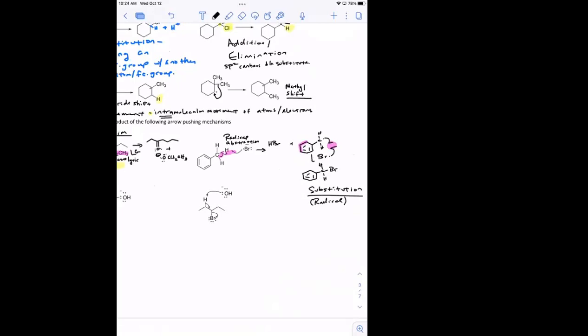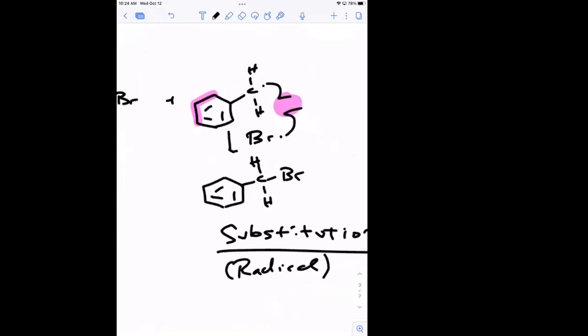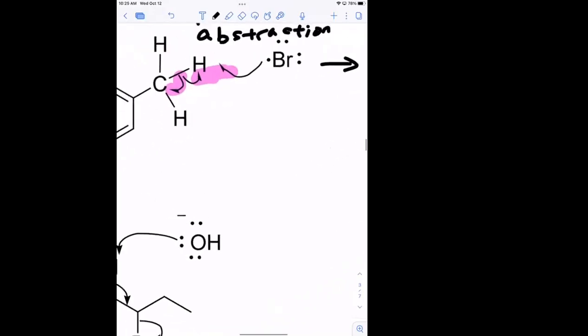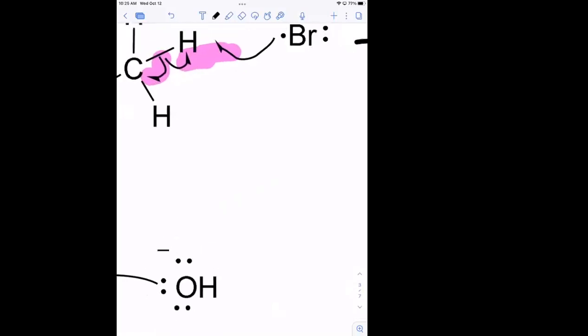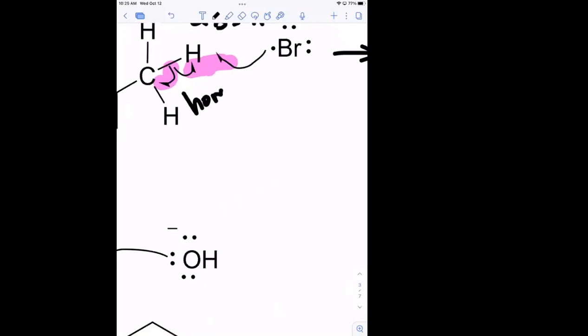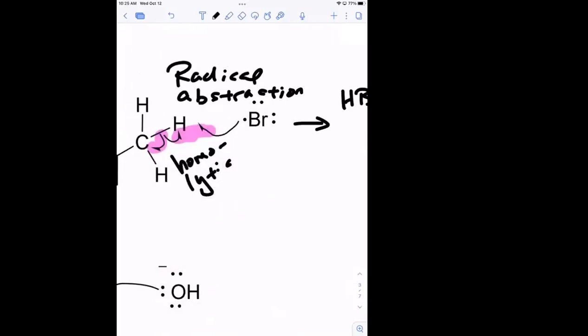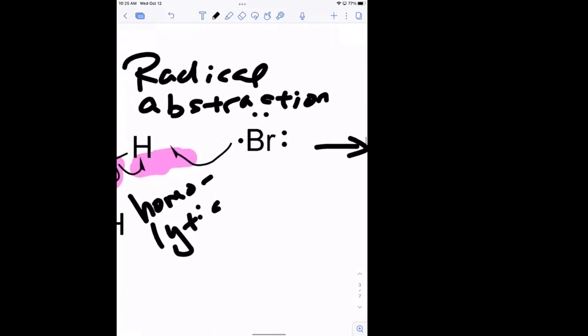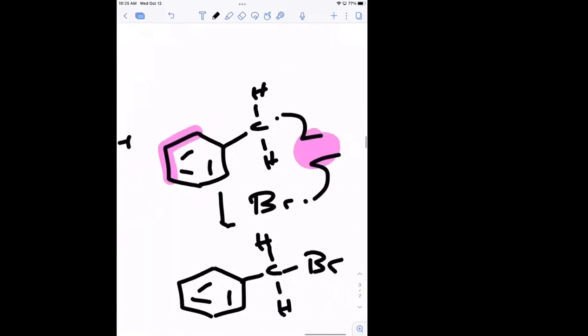I got it. So when I break that CH bond, Chase, I'm going to give you first dibs on it. Is that homo or hetero, and is it lytic or genic if I'm breaking a bond? If you're breaking the bond, it's going to be homolytic. So the CH bond cleavage is homolytic. And then I made the bond between bromine and hydrogen.